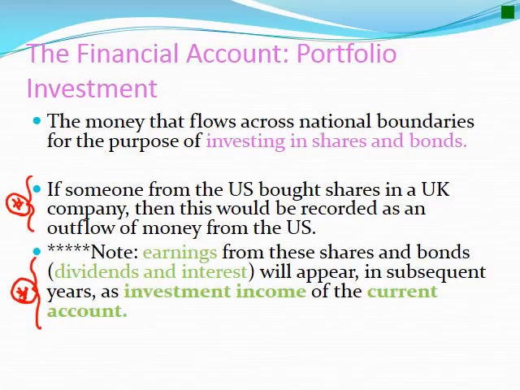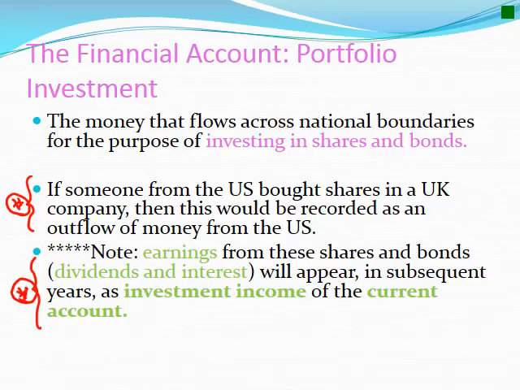Portfolio investment, another one of the four entities of the financial account. This is money that flows across national boundaries for the purpose of investing in shares and bonds. So if someone from the US bought shares in a UK company, then this would be recorded as an outflow of money from the US. So this is an asset, part of the financial account.